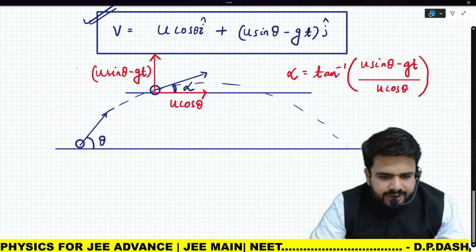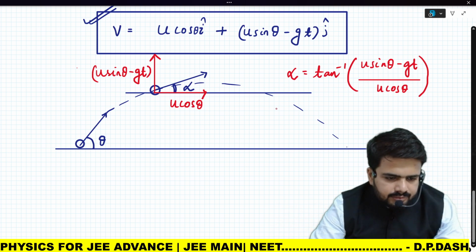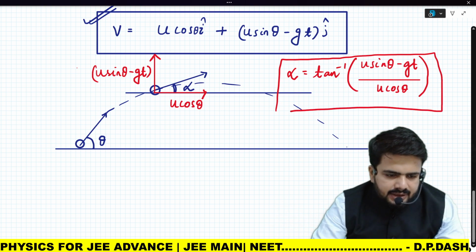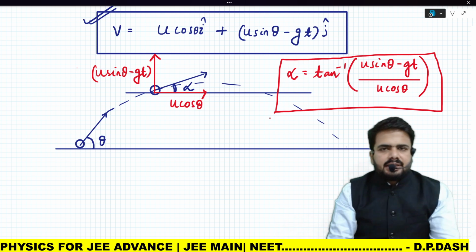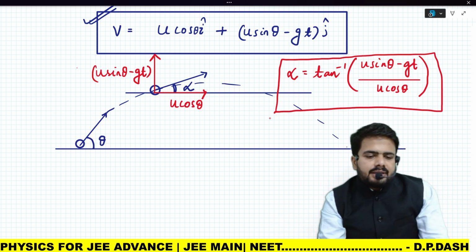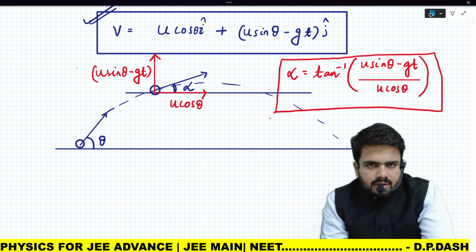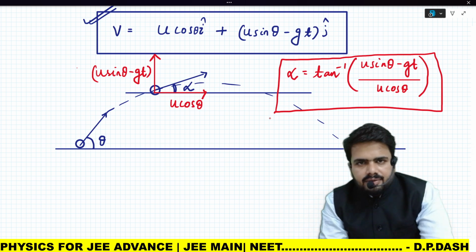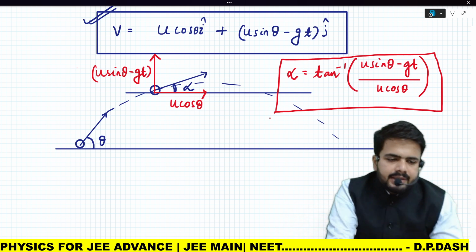This is the value of the instantaneous angle made by the object at any instant with respect to the horizontal. Clear? Okay.